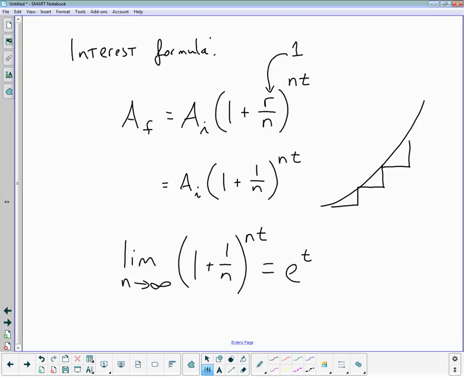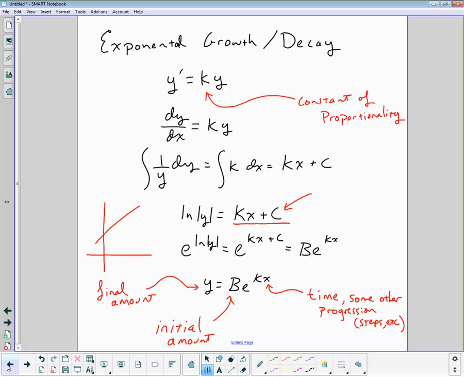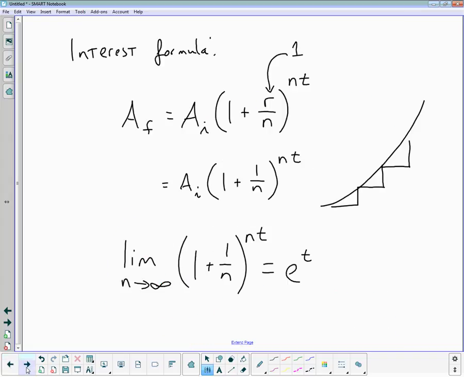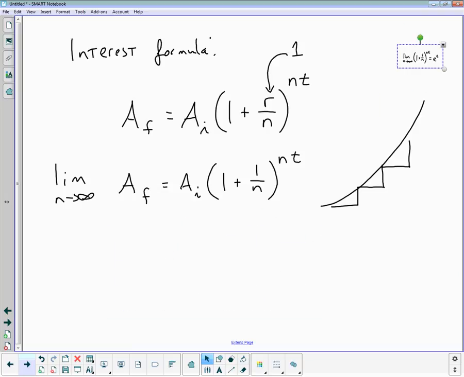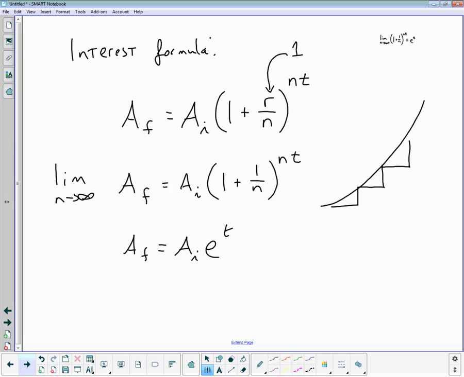So going back to where we were, the differential equation piece, if I were to take this function and take a limit as n approaches infinity, I wind up with amount final is equal to amount initial times e to the kt.